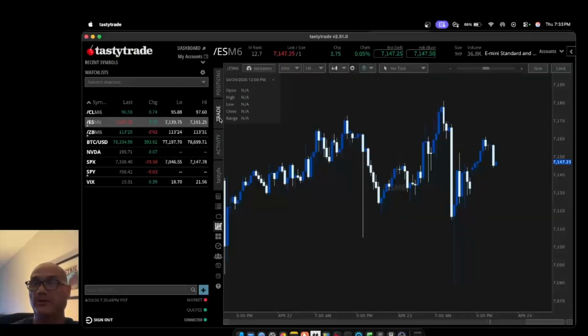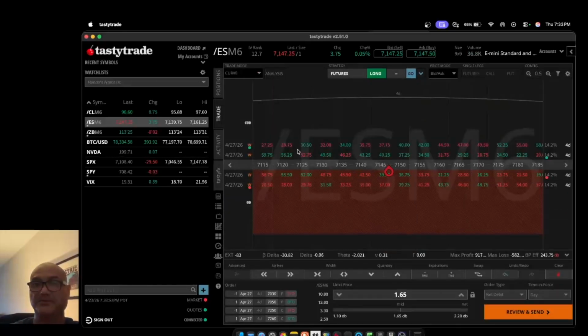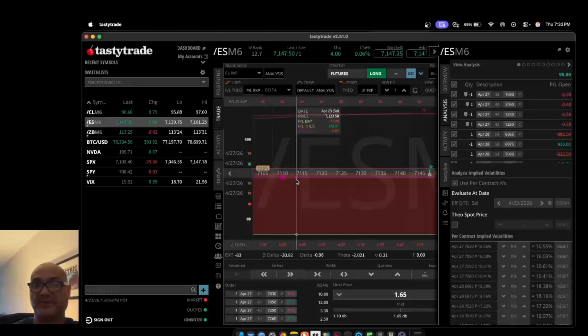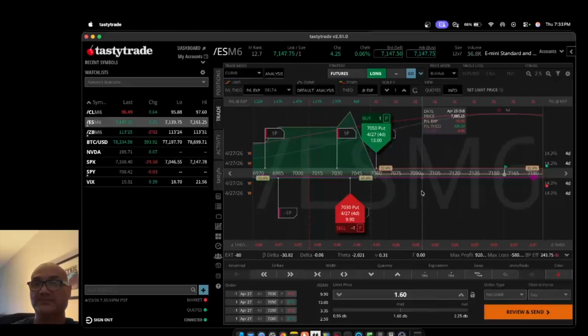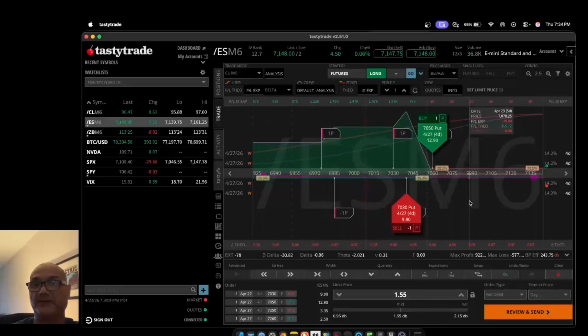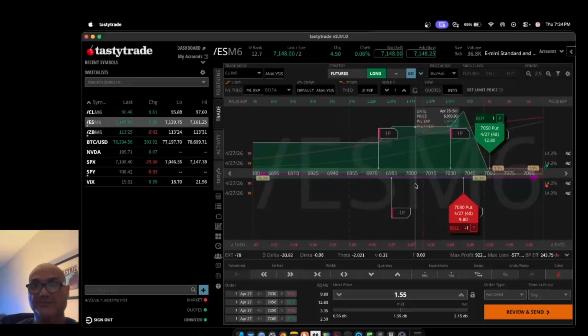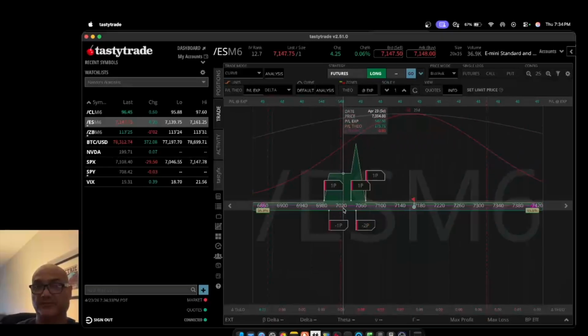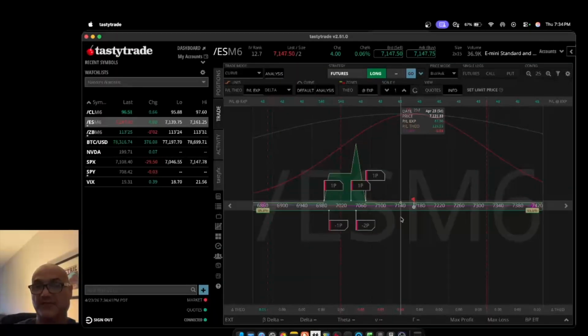On the analysis tab here, we're basically going to see the same thing, except it doesn't keep track of the adjustments that I make. So it's going to look slightly different. Okay, it's close to what we're seeing on this option creator page, but it's off by a little.